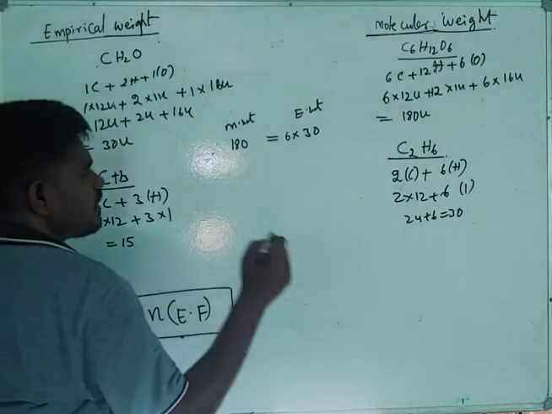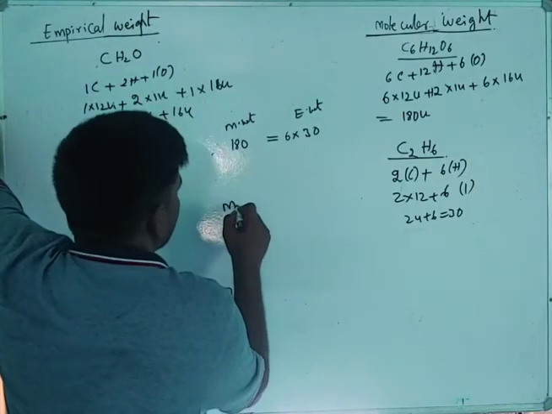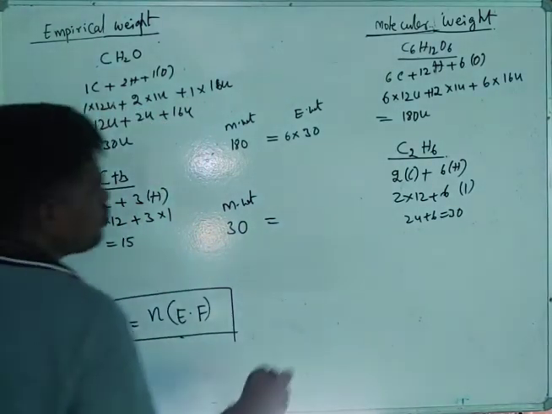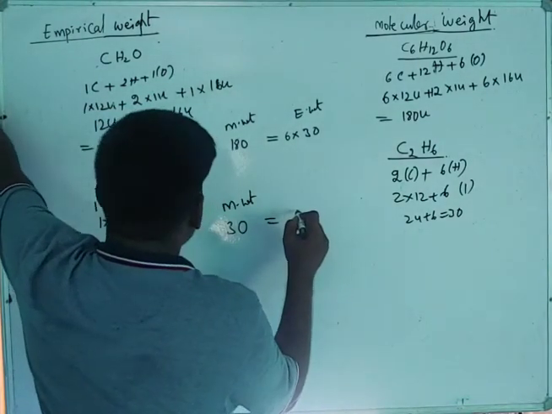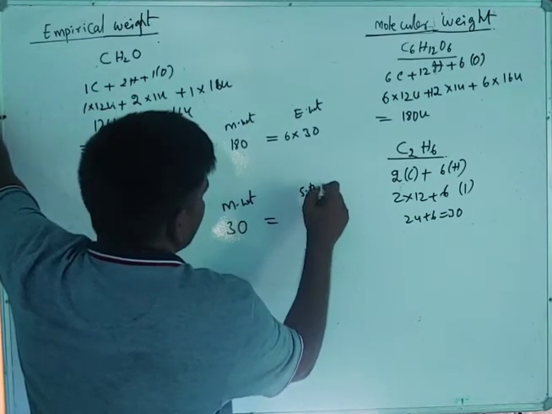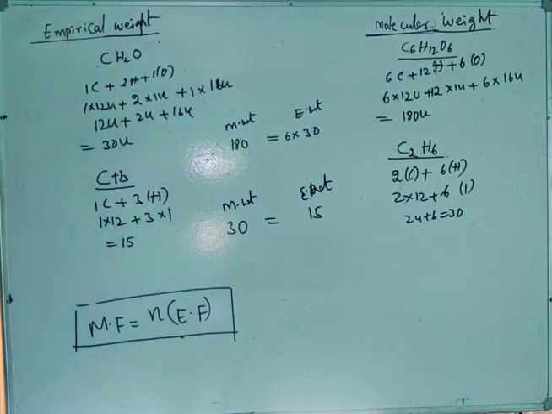Empirical weight of ethane is 15 and molecular weight of ethane is 30.